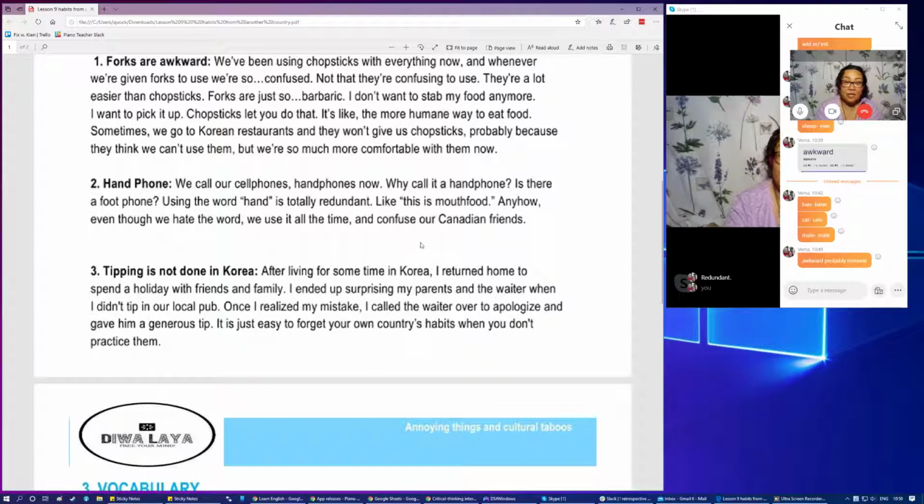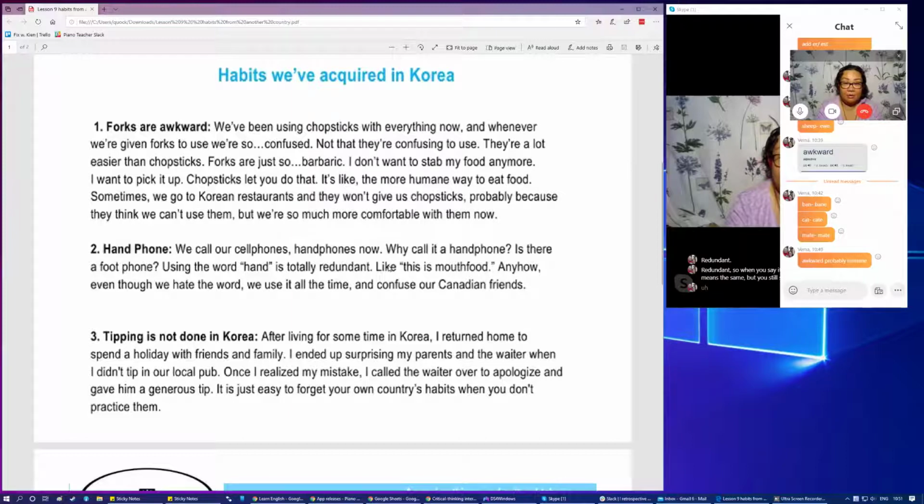Like, walk on my foot. Of course, you don't walk on somebody else's foot. You walk using your feet. So you don't say walk on my foot, because you can't walk on somebody else's foot.